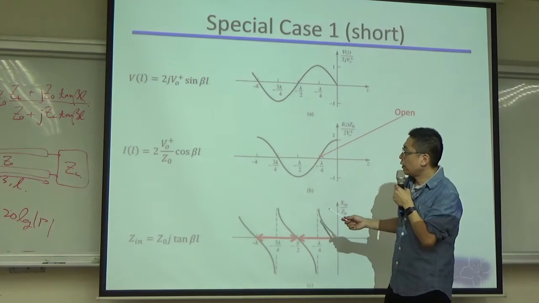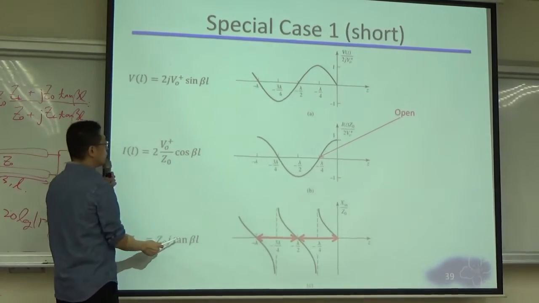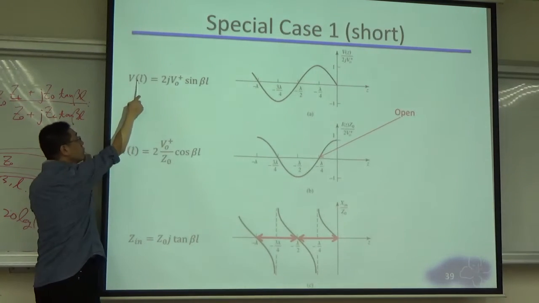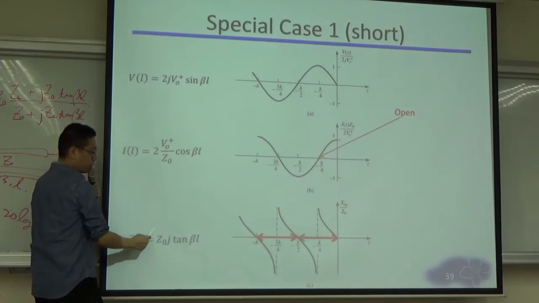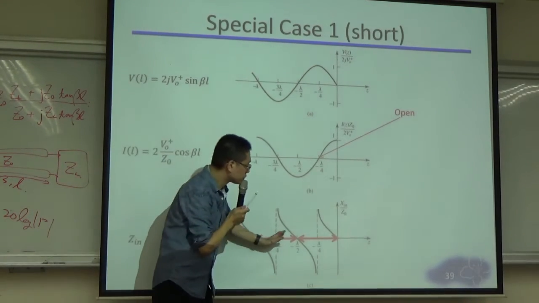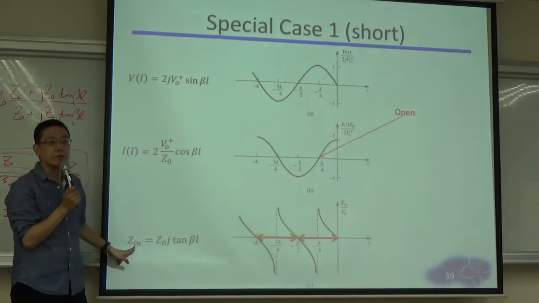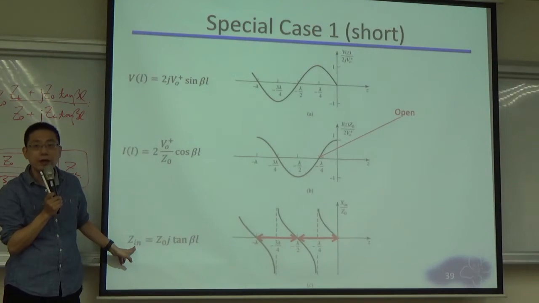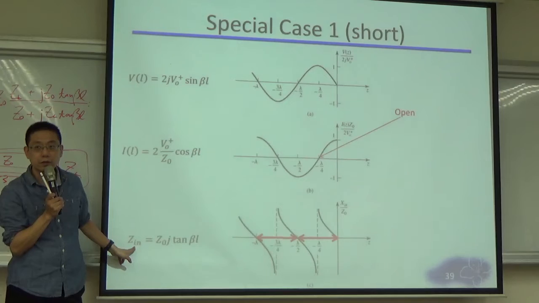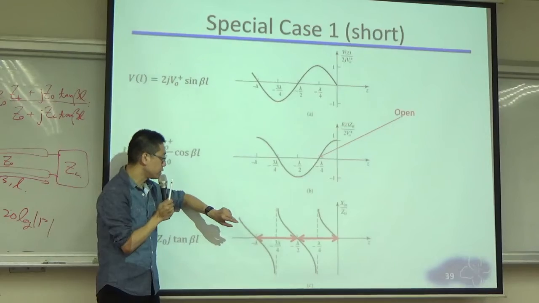And for the total impedance, you can just divide V over I, and get this one. This is the input impedance on a transmission line, and this transmission line is connected to a short, right?